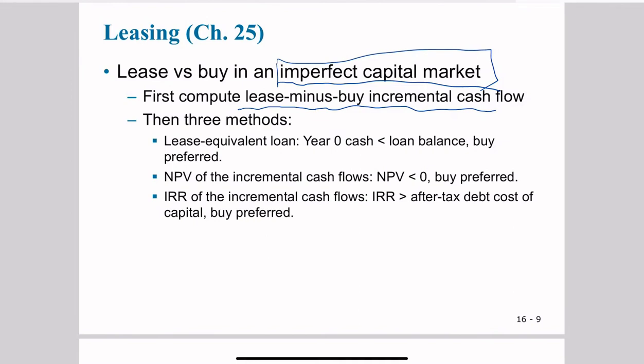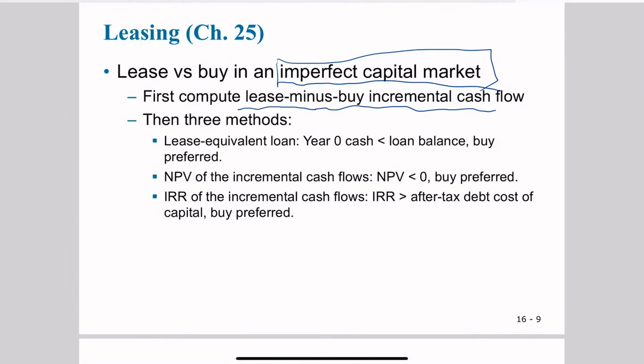Now, the second step, well, you can have three methods. First, you could look at this lease equivalent loan. Second, you can calculate the NPV of the incremental cash flows. Third, you can calculate the internal rate of return of the incremental cash flows. And then I also have summarized these rules for you to judge whether you should buy or whether you should lease.